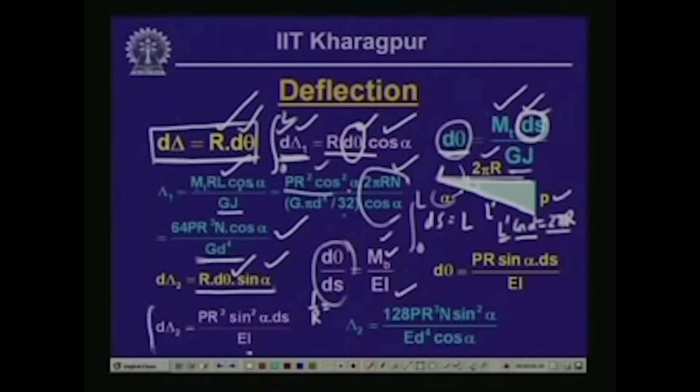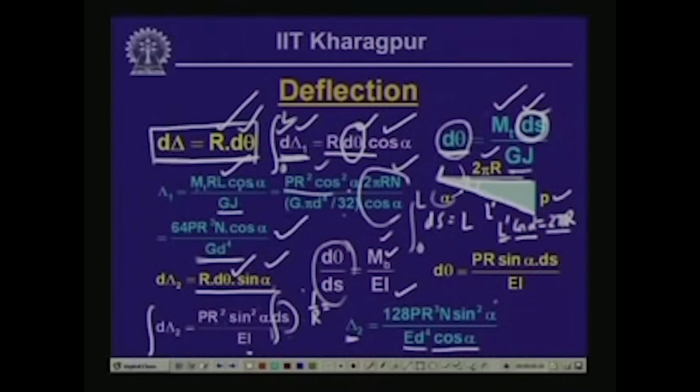So, if we integrate this, we get delta 2, and this integral of ds will give us the length, and length as usual again will be 2πr n divided by cos alpha, and if we substitute, we get the value of delta 2 as equal to 128 P r³ n sin² alpha by E d⁴ cos alpha.